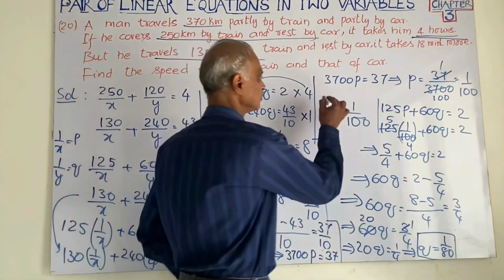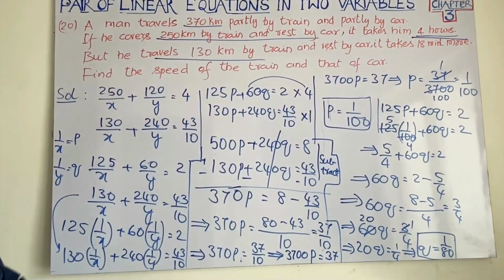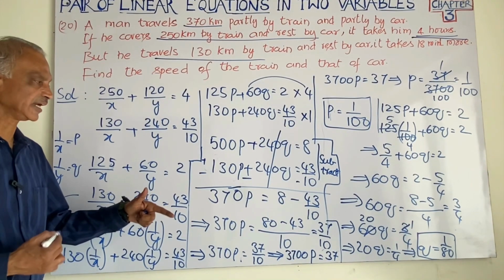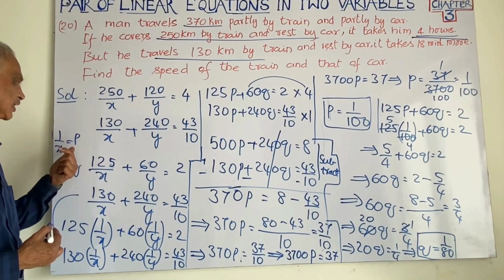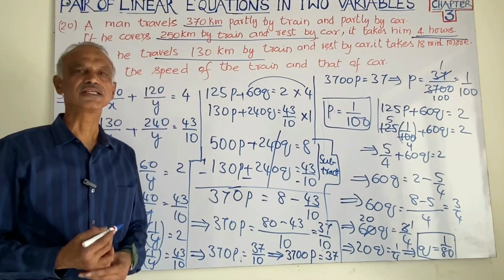And what is the p you got here? 1/100. Now substitute the values of p and q here, and you will get the values of x and y. Next I will rub the board and we will find the value of p and q, so that you can find the speed of the train and the speed of the car.